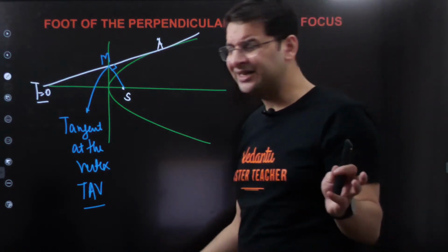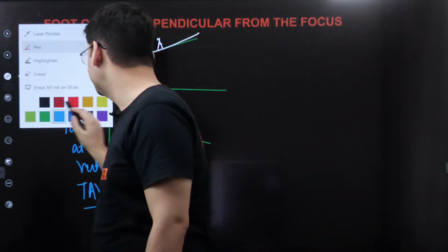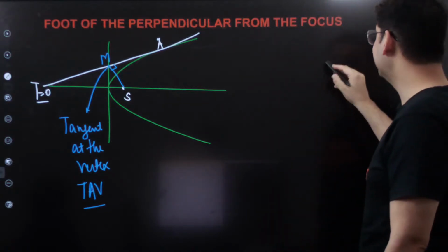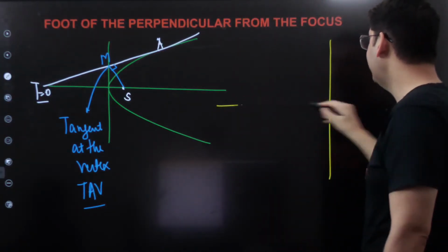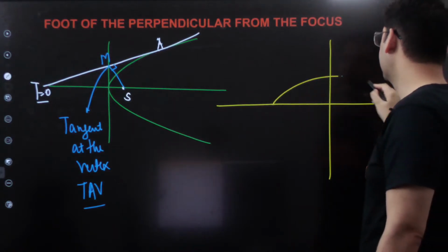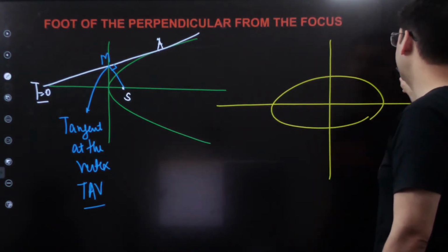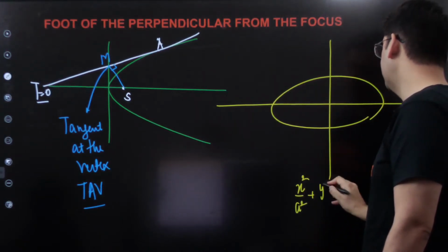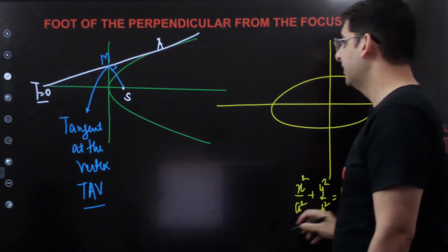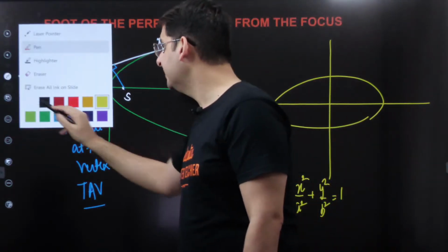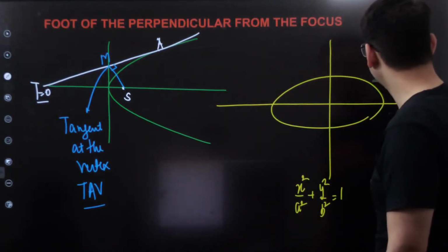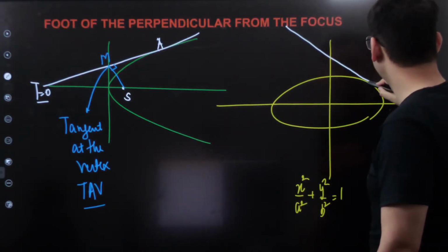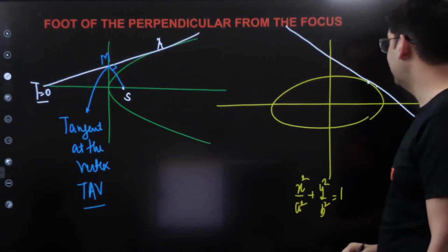Now the tangent at the vertex also exists in case of ellipse. So the same property is true for the ellipse and hyperbola also. Let's say this is an ellipse, x²/a² + y²/b² = 1. And there is any tangent. Right, so this is a tangent.